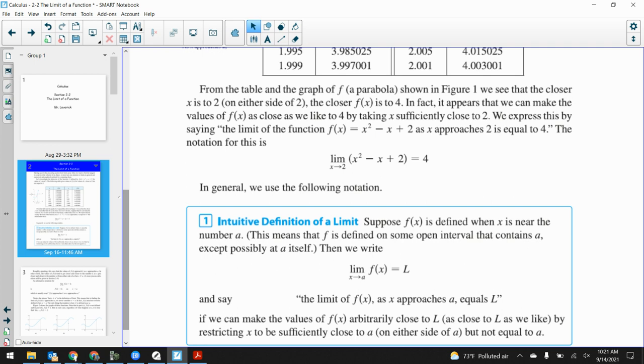So we're saying the limit as x goes to 2 of this thing, we looked at it graphically and by plugging in numbers. The limit as x approaches 2 of this function is equal to 4. That's the notation that we read here.